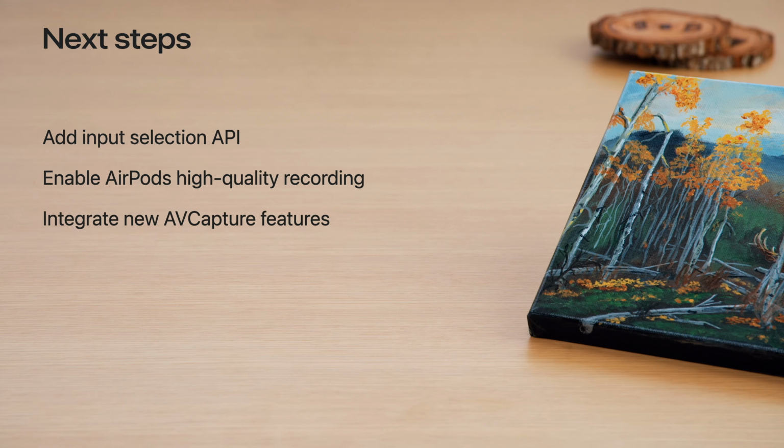Give your app more flexibility by using movie file output and audio data output to record and apply audio effects. For utmost control, integrate spatial audio capture with AV Asset Writer and use the new Audio Mix API during playback.